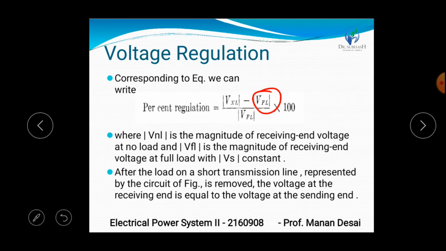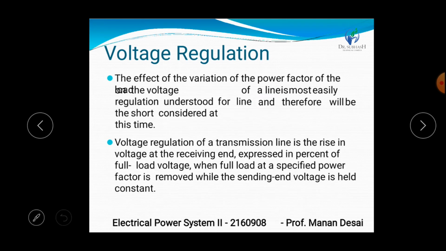Okay, now something about voltage regulation. There are some factors affecting the voltage regulation, but in a short transmission line the power factor is the most important, so we talk about it.